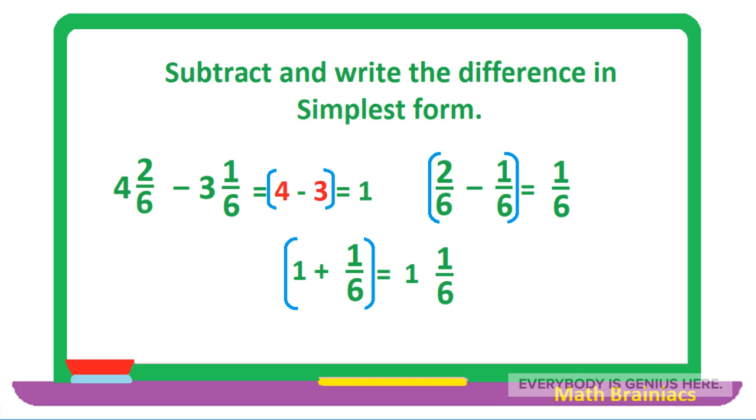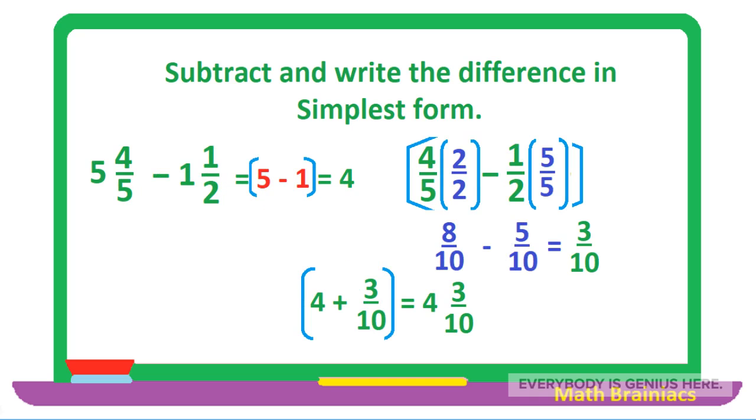If the denominators are the same on the given fractions, we can work right away on the numerators. Like in this example, we can subtract right away 1 from 2, and it will give us 1/6. Afterwards, we can add the difference of the whole number and the fraction, which will give us the answer. Just work on the whole numbers first before working on the fractions.